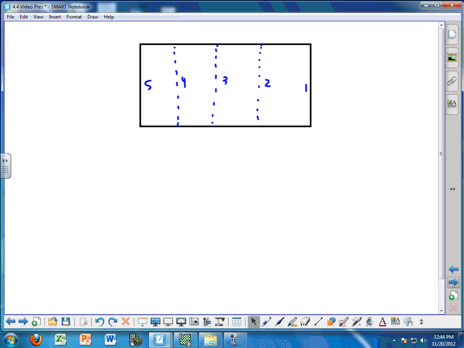But this creates 4 pens. There could be more of them, or there could be less, so we don't really know. In this case, I'm going to make it arbitrary by just saying I have some partitions. And so this will be x, and then I'll also put here n partitions.